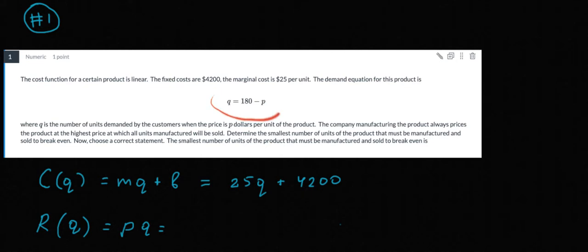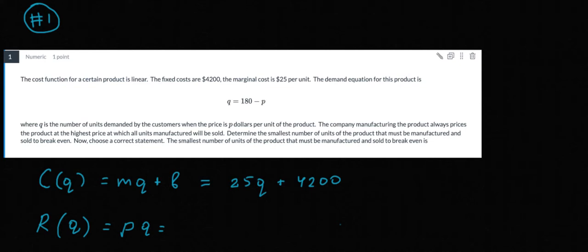We have the demand equation, Q equals 180 minus P. So let's say the company manufactured a certain number of units of the product, Q. We can determine from the demand equation the corresponding price P, and that is actually the highest price at which all those Q units will be sold, right? Because if we take that value for P that comes out of this equation, then the corresponding value of Q is the one that we started with, and that's the quantity that will be demanded. And since it's equal to the number of units manufactured, all those units will be sold.